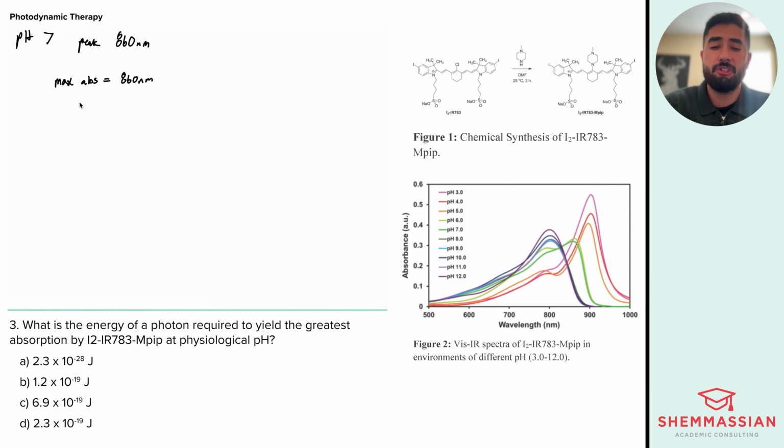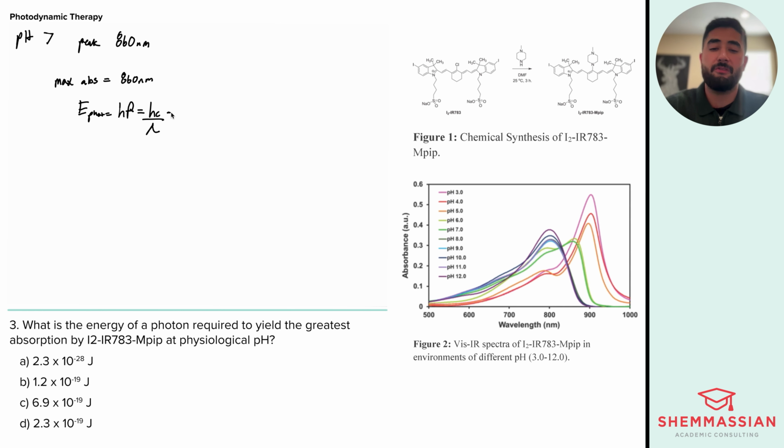So using the relationship that energy of a photon is equivalent to Planck's constant, 6.6 times 10 to the negative 34, times frequency. That would give us an equation that says E is equal to hf, and hf is equal to hc over lambda. These are very, very common equations that tend to show up on the MCAT, so you definitely want to have these memorized.